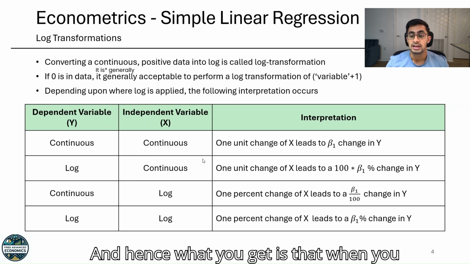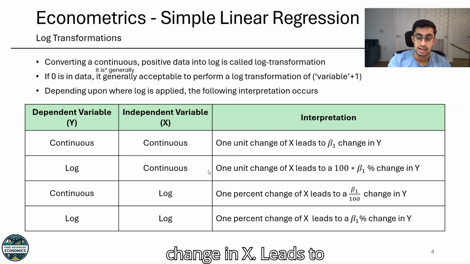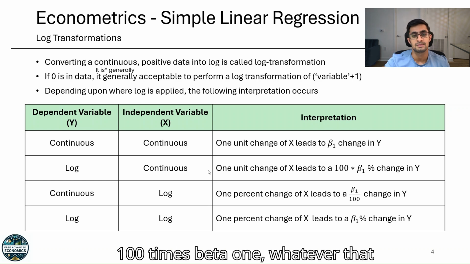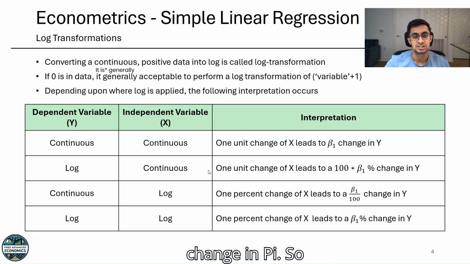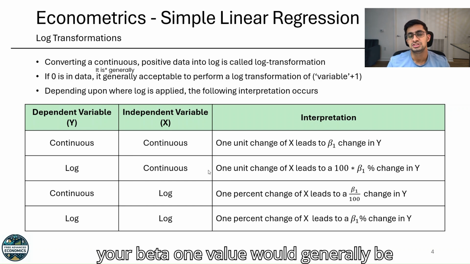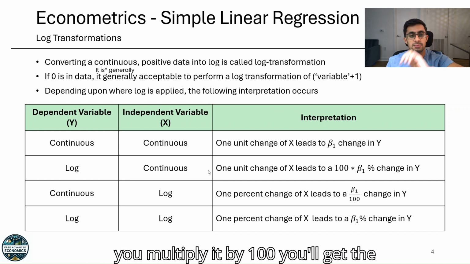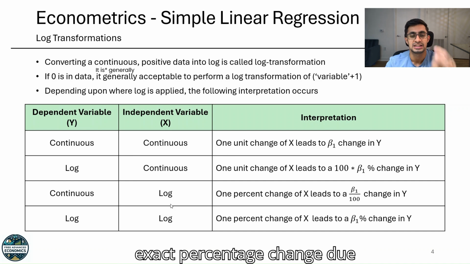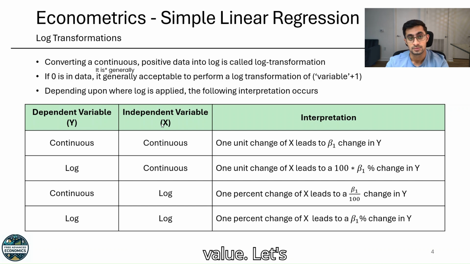And hence, when you run a regression, you get that a 1 unit change in x leads to 100 times beta 1, whatever that coefficient value is, percentage of change in y. So your beta 1 value would generally be point something something, and when you multiply it by 100, you'll get the exact percentage change due to an increase in x.